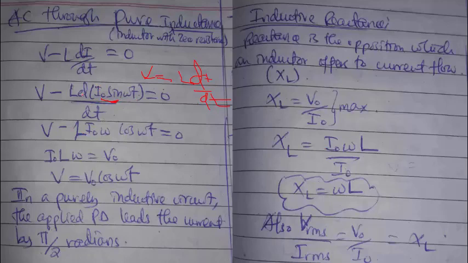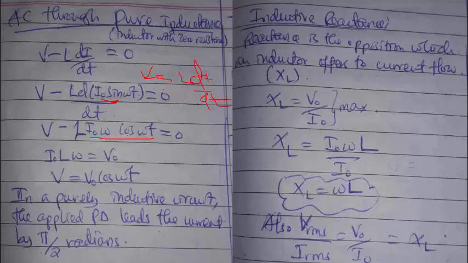When we differentiate with respect to time, V minus L times the derivative of I naught sine wt is equal to... I think you should revise your calculus knowledge. You can see that when we differentiate I naught sine wt, we get this value here.